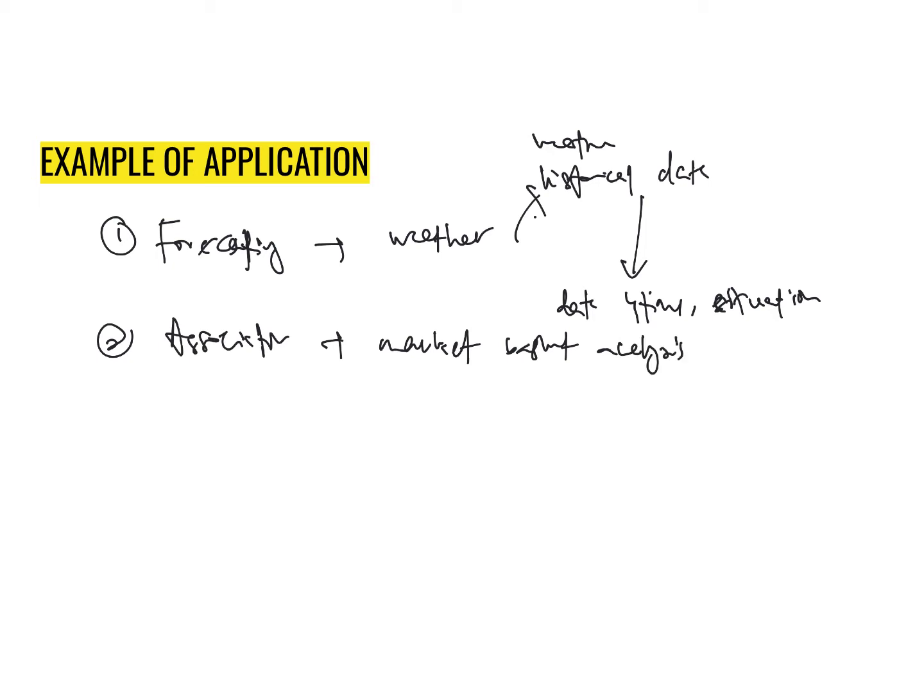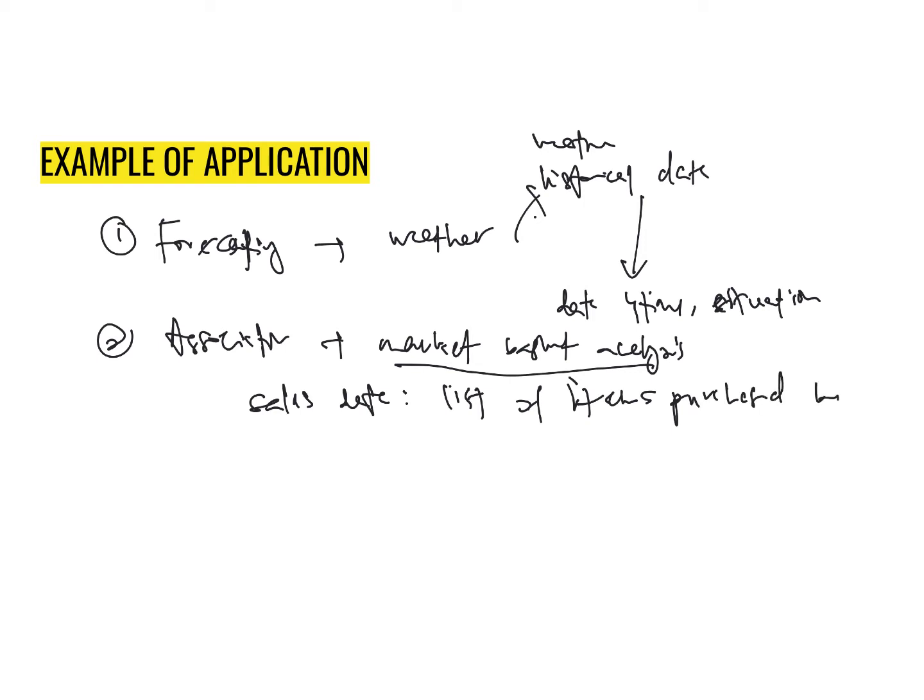Market basket analysis ialah satu kedai, satu company like Walmart or Giant or Tesco, they want to find the best way to arrange their products, the shelf of the product. So market basket analysis tell us, dia cari berdasarkan data apa? Sales data. Sales data kat sini dia tak ambil in terms of price, dia ambil list of sales data, list of items purchased by individual.